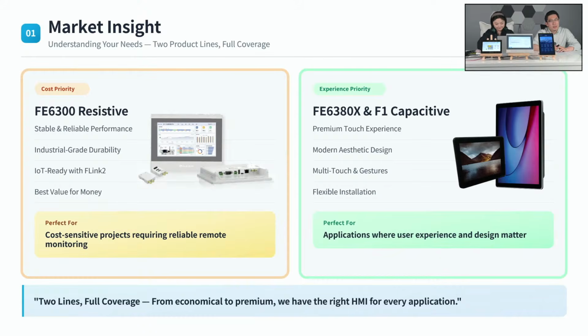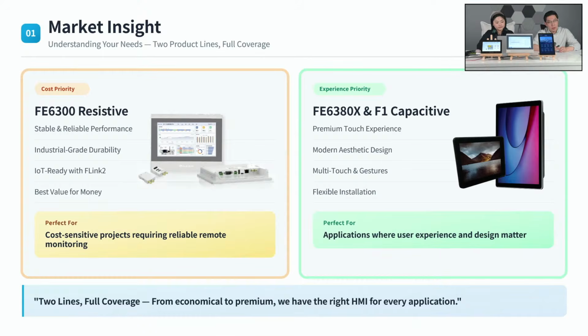They want to use the most cost effective product, and also looking forward, this product is very reliable, and maybe they also need the IoT functions. Maybe they need to do some remote VPN, and they need to remotely download the PLC program.